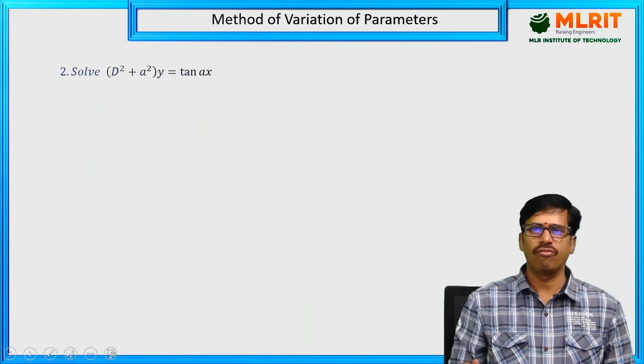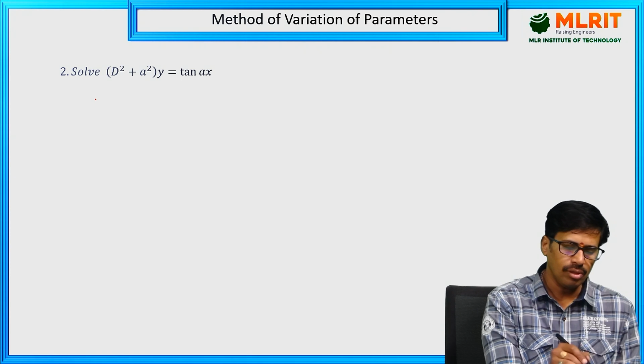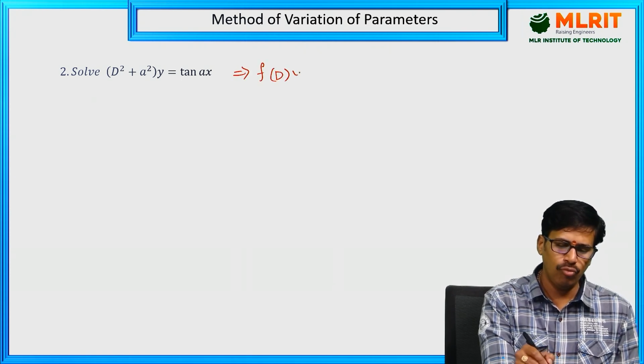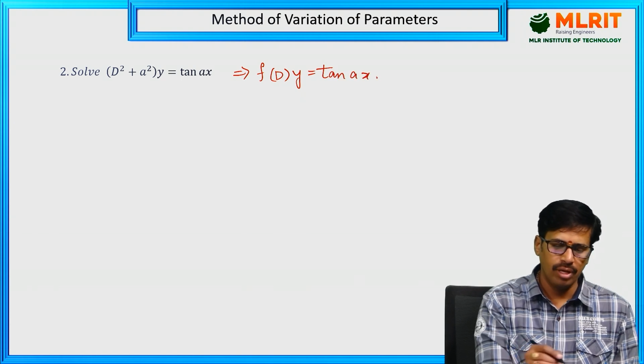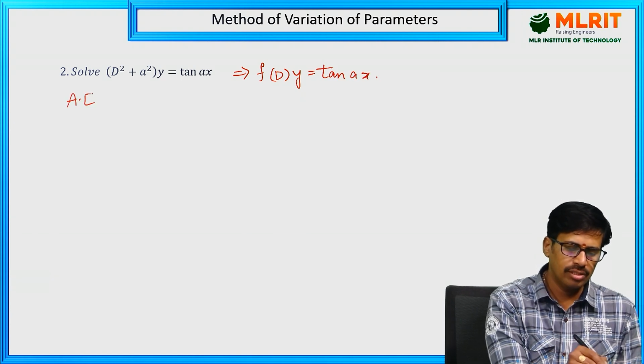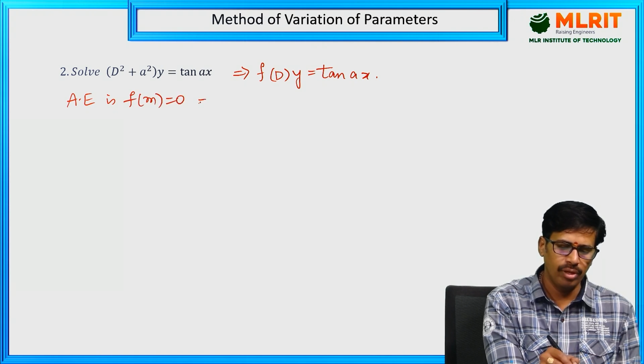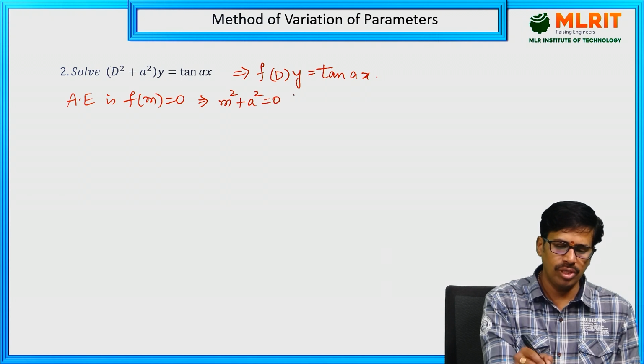Let us solve one more problem. This is in the form of f of D into y is equal to tan ax. So the auxiliary equation is f of m equal to 0. So this is m square plus a square equal to 0.